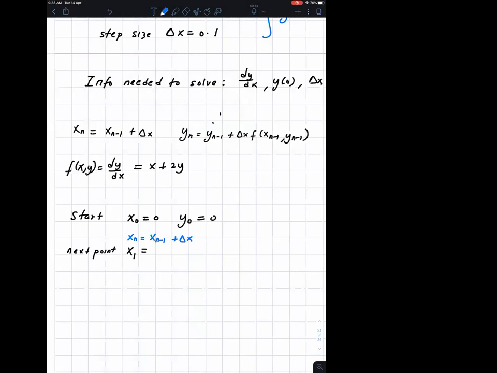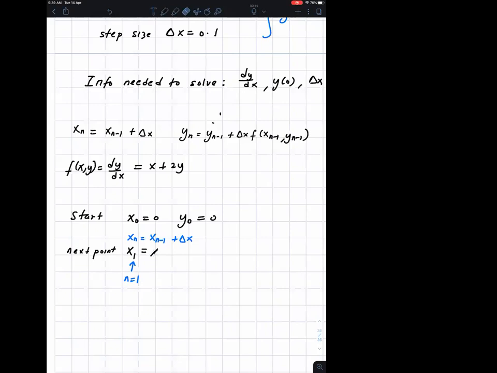When I put n here as 1, then what is xn minus 1? It's x1 minus 1, which is x0.